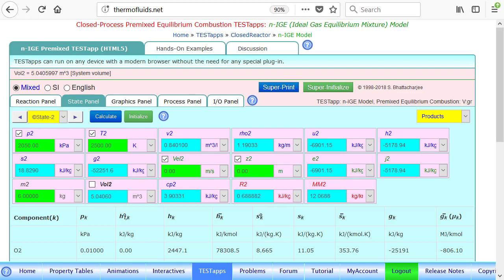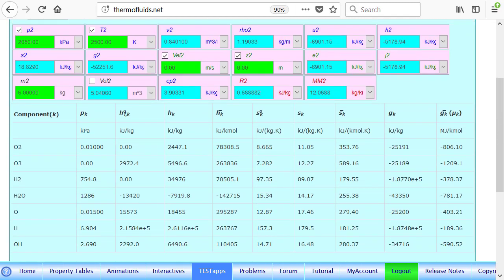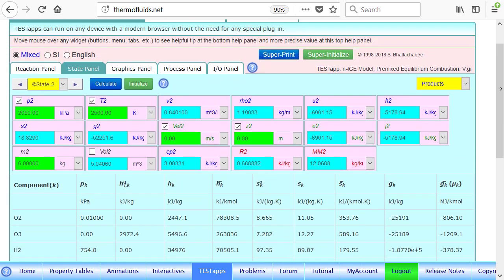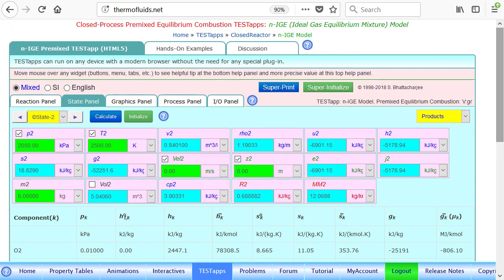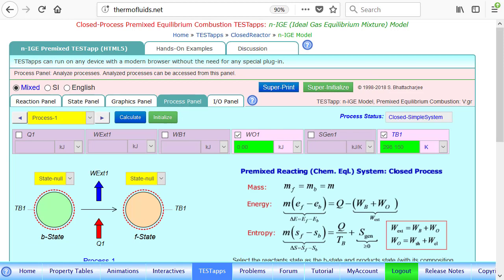So now that we have evaluated state 1 and 2 completely, we know the final pressure, we know the final composition, and these are the partial properties of each individual species of the products. Then we go to the process panel, and finding the heat transfer is pretty simple. State 1 and 2 are the beginning and final state. Of course, it's a constant volume process, but it's nevertheless good to put WB equals 0 because our volume slightly changed really.